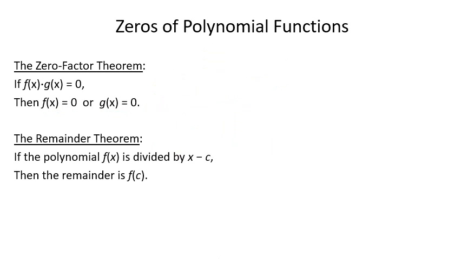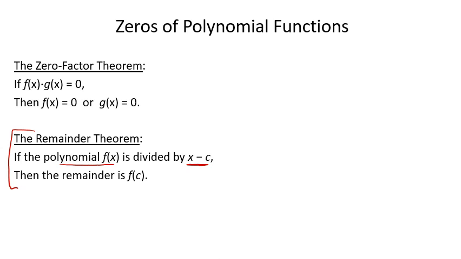There's the remainder theorem. The remainder theorem says if you take a polynomial, f of x, and divide it by x minus c, so we're using synthetic division for that, then the remainder is the same number that you would get if you plug c into the function. The remainder is f of c.